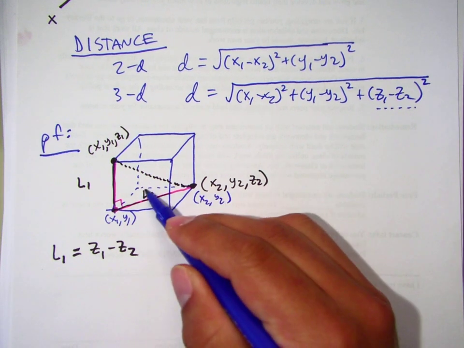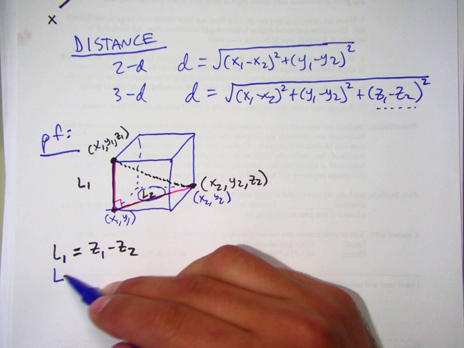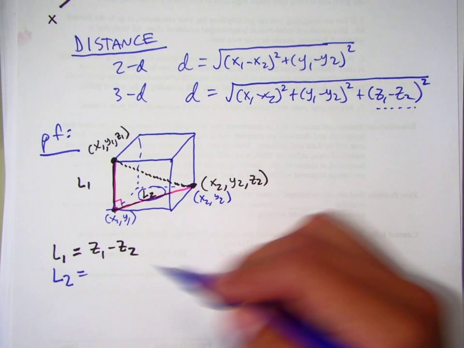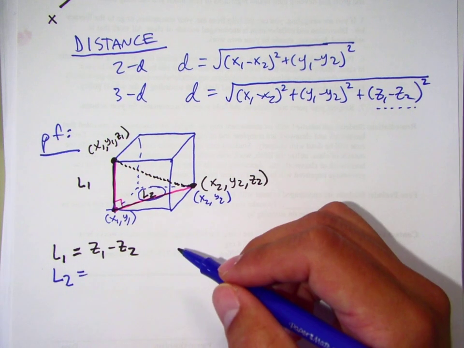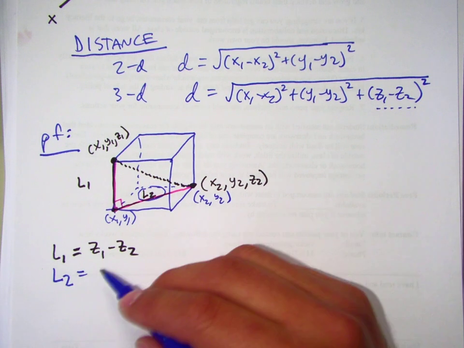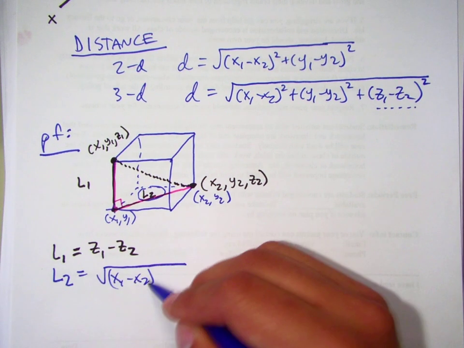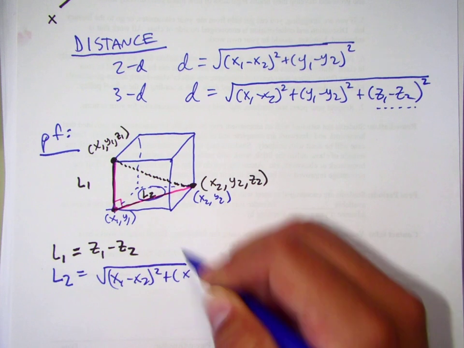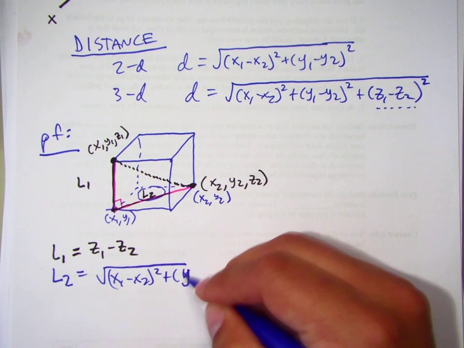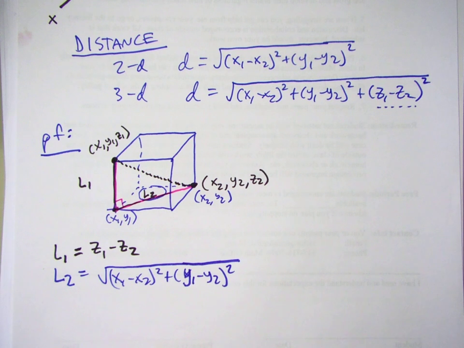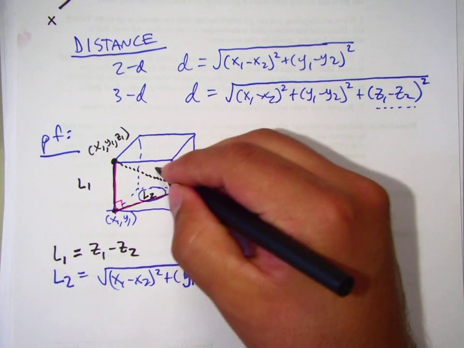So we could just argue that L2, you can find that length just like you would normally with the distance formula, or if you make a right triangle and do Pythagorean theorem. Does that make sense to you guys? So that would just be the square root of x1 minus x2 squared plus, whoops, that should be a y1 minus y2 squared.